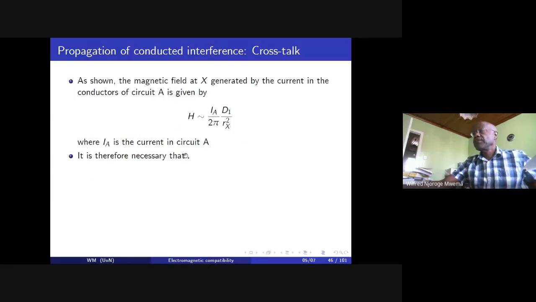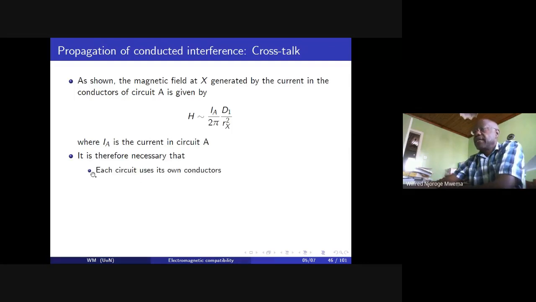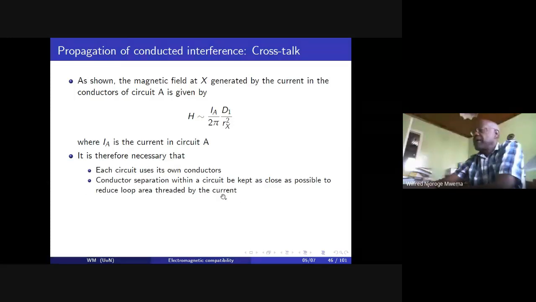So IA is, of course, the current in circuit A, and it is therefore necessary that each circuit uses its own conductors. They should not use the same conductors, so to speak. So conductor separation within a circuit must be kept as close as possible to reduce the loop area threaded by the current.